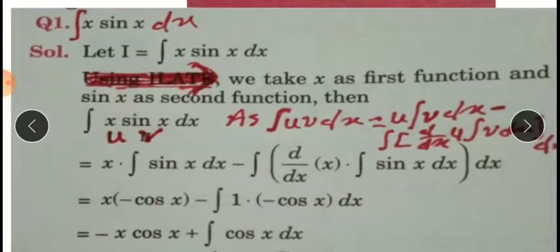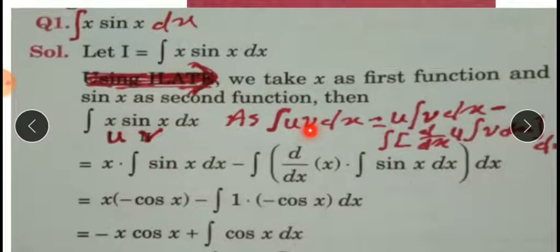Now refer exercise 7.6, question number first, integration x sin x. Let I is equal to integration x sin x. Here we have to consider x as u, that is the first function, and sin x as v, the second function.